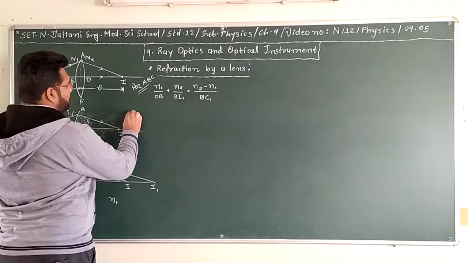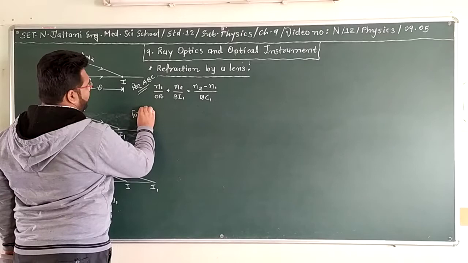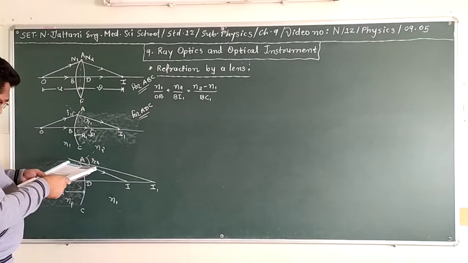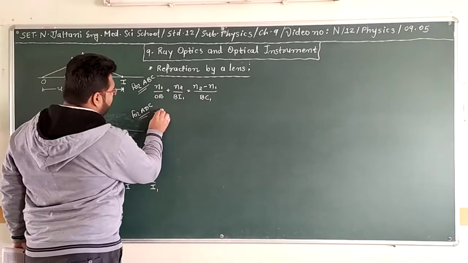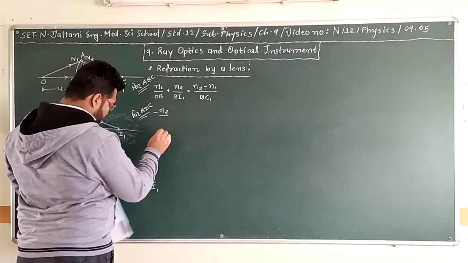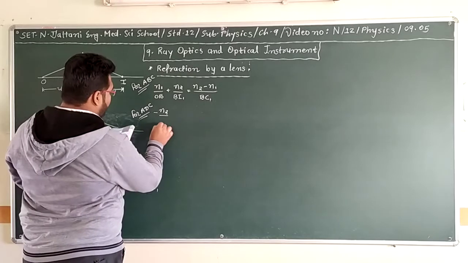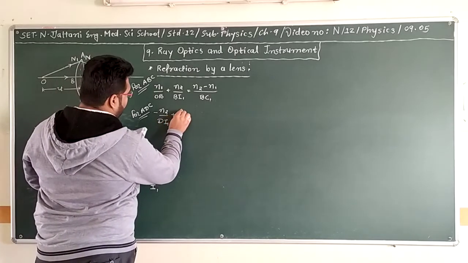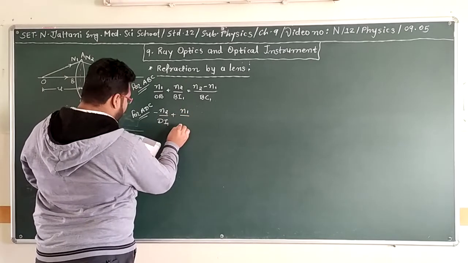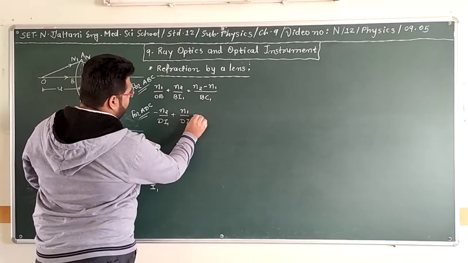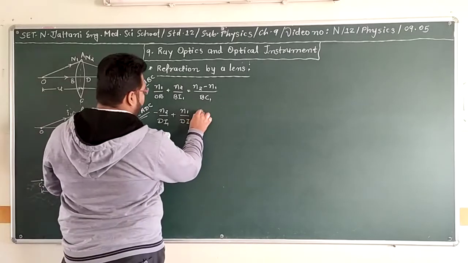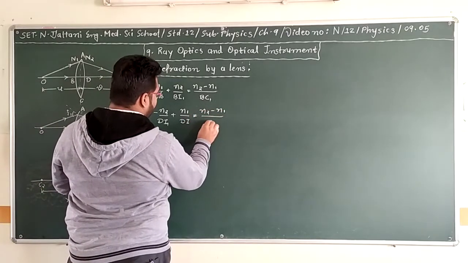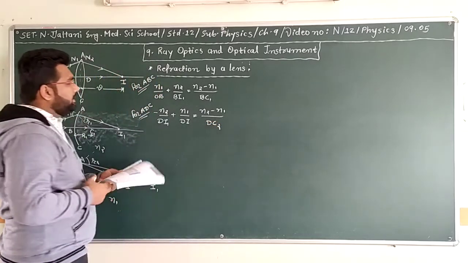So we can write, in this way, minus n2 upon DI1 plus n1 upon DI is equal to n2 minus n1 upon DC2.